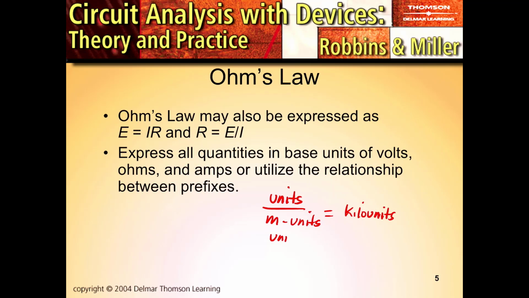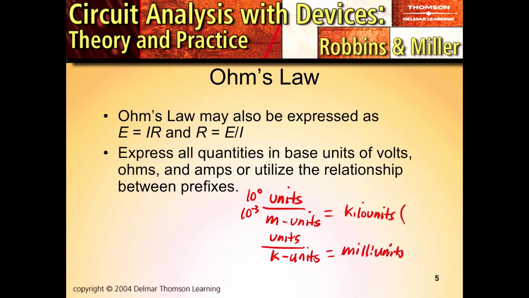Likewise, whole units divided by kilo units is going to give you milli-units. And that's, of course, the relationship between prefixes. So whole units is 10 to the 0. Milli-units is 10 to the minus 3.